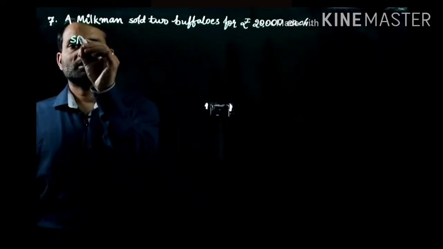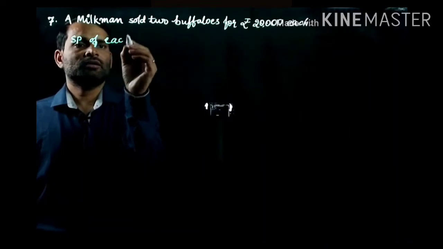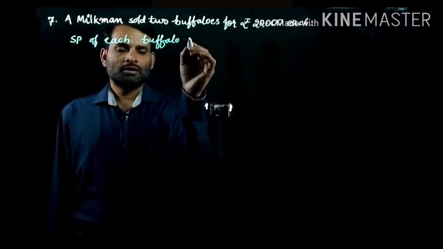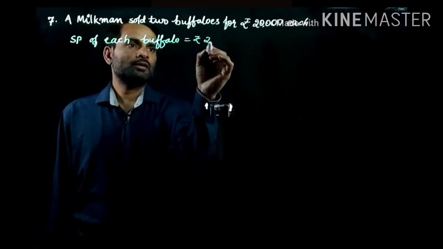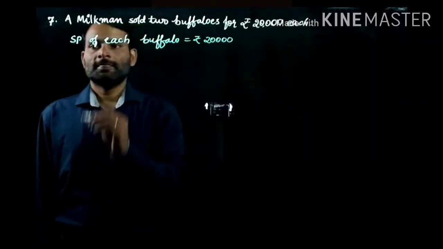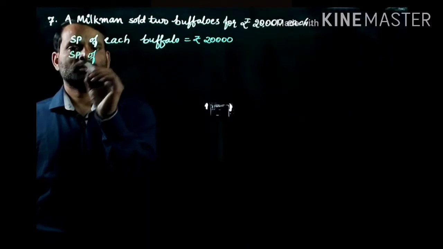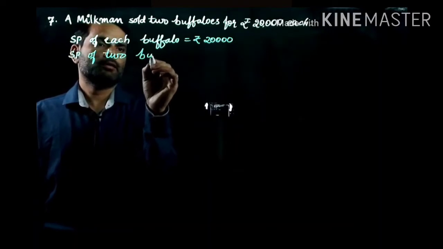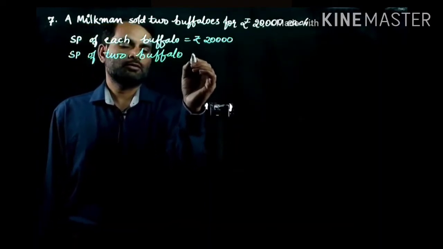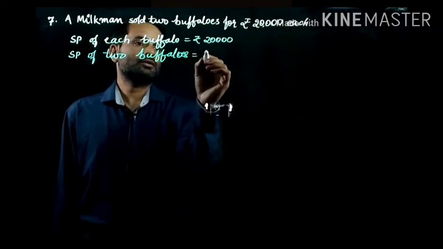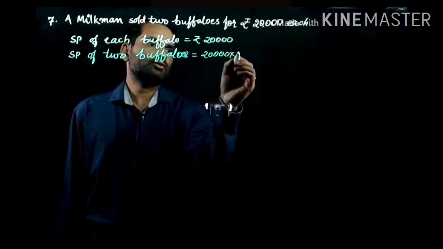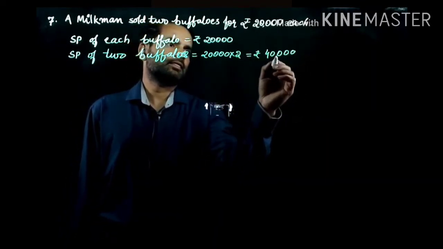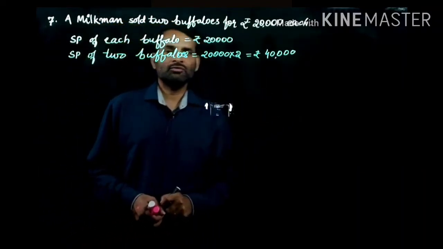Now write the SP of each buffalo, which is 20,000 rupees. And the SP of 2 buffaloes is 20,000 into 2, which is equal to 40,000 rupees. It is the SP of 2 buffaloes.